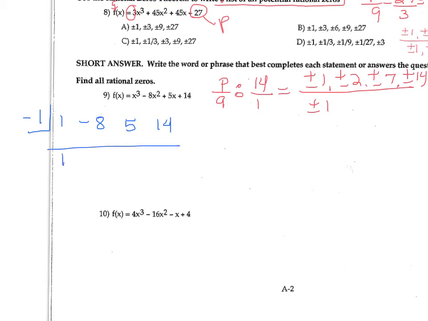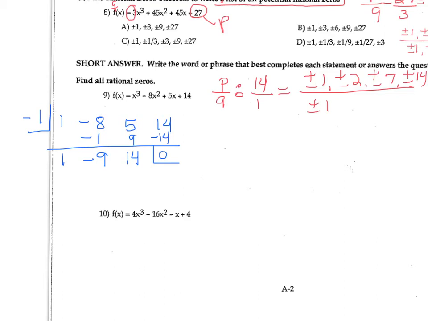And you divide: 1 times negative 1 is negative 1. Negative 9 times negative 1 is positive 9. 14 times negative 1 is negative 14. That's a remainder 0.